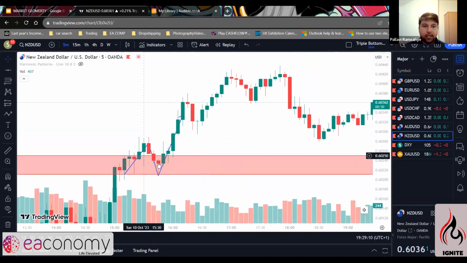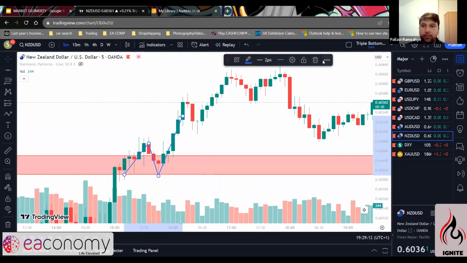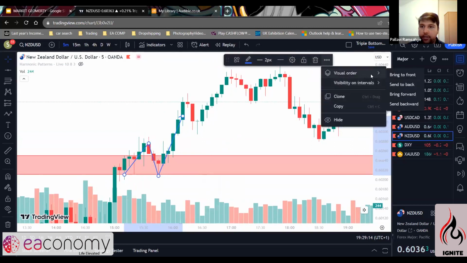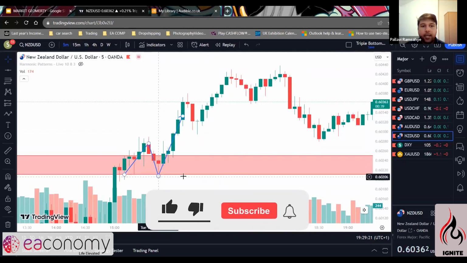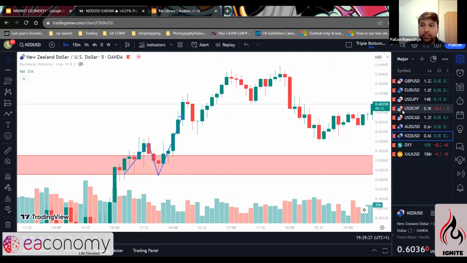Can everybody see that? So let me bring this to the forefront. Can everybody see that on the 5 minute time frame? So this time, the perfect entry was 5 minutes. On the previous pattern we looked at, the live pattern, it was on the 15 minutes. Can everybody see that clearly?